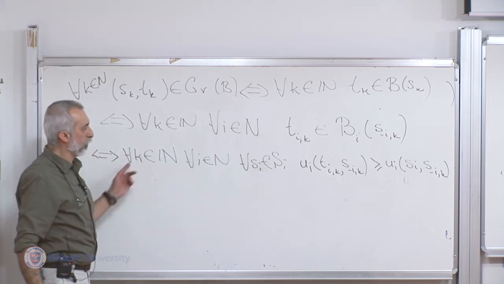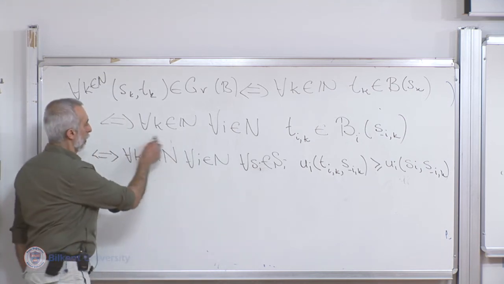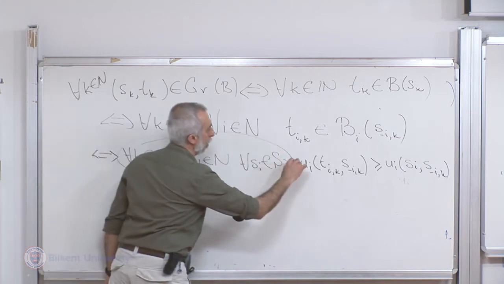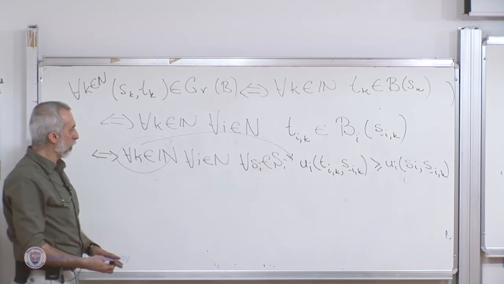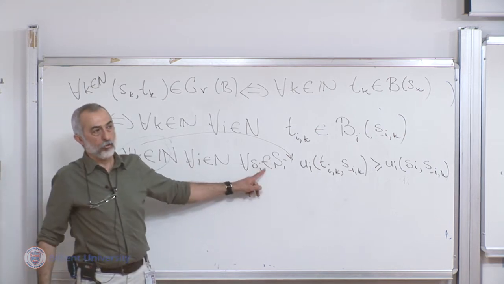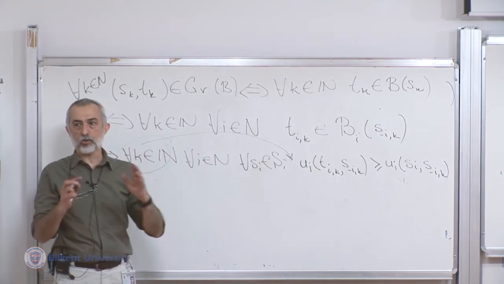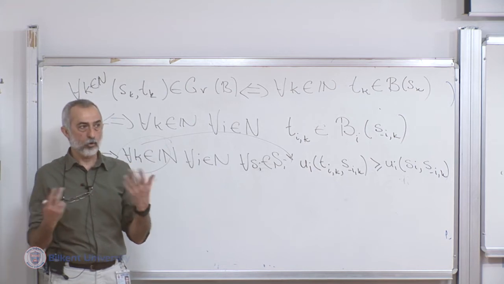Take the limit, but for us to take the limit, this k should be all the way here. But I can do that because these are all universal quantifiers. So we can interchange the order of universal quantifiers.